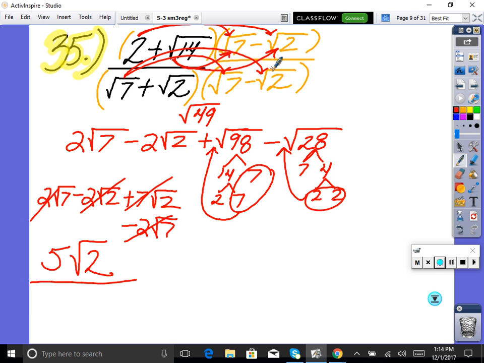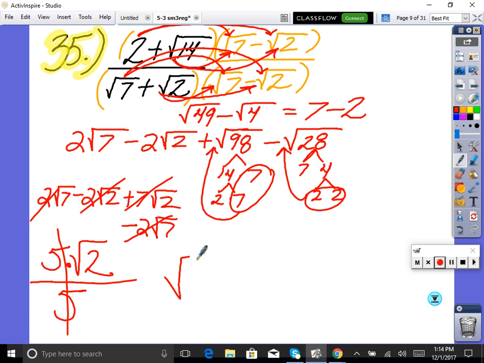Then we're going to have plus root 14 minus root 14, so that cancels out. Then we're going to have minus the square root of 4, which equals 7 minus 2, which is 5. So that was your answer, except for, can't we divide across the multiplication sign? Yep, so our final answer would be square root of 2.